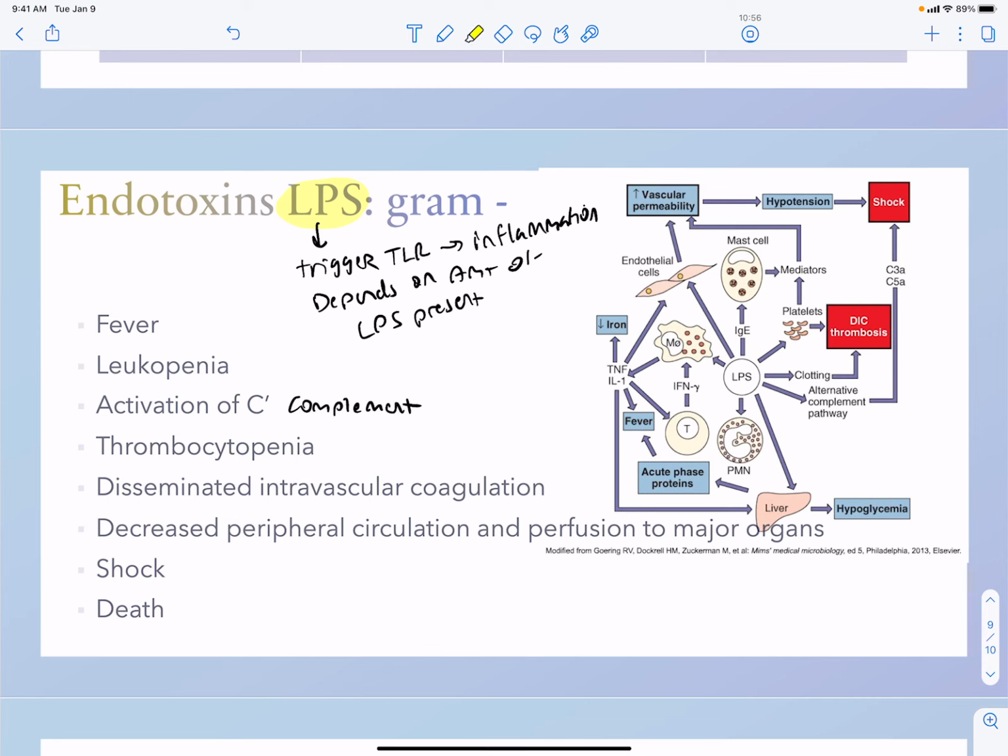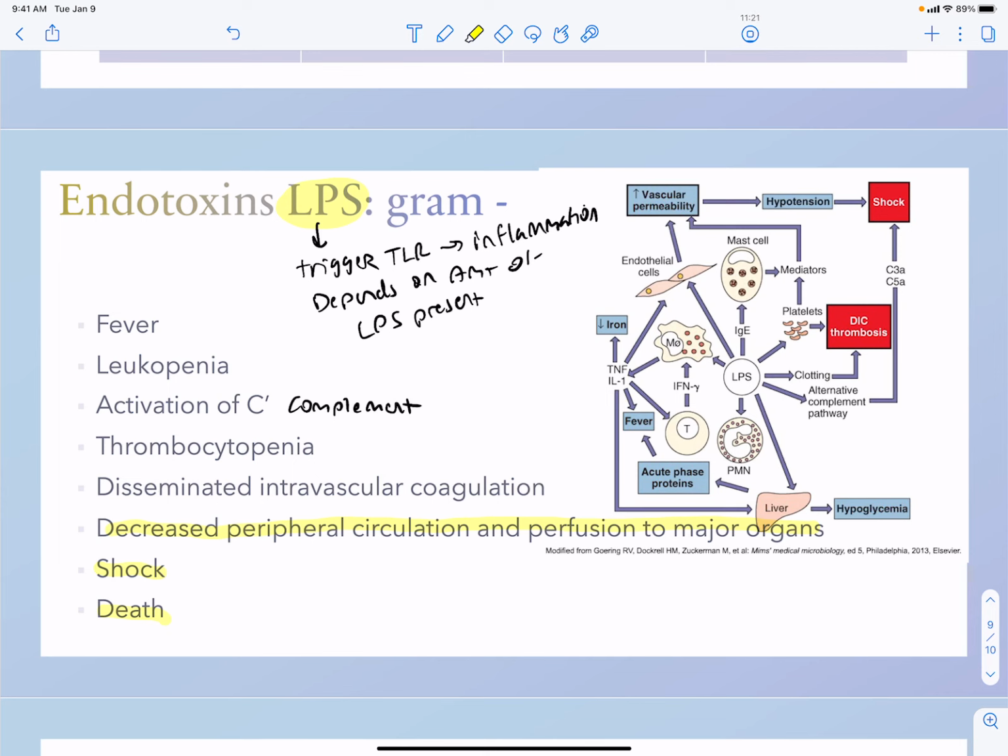It can lead to leukopenia, fever, intravascular coagulation, decreased circulation and perfusion to major organs, shock, and death. And so this can be a form of sepsis. So again, overgrowth of gram-negative bacteria, no matter what area of the body this is in, can lead to shock due to the release of endotoxins.